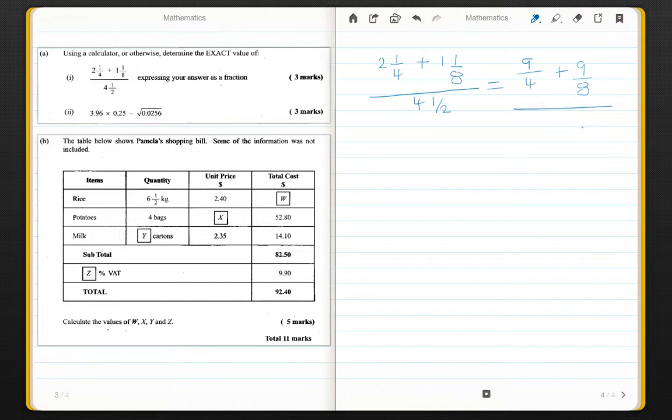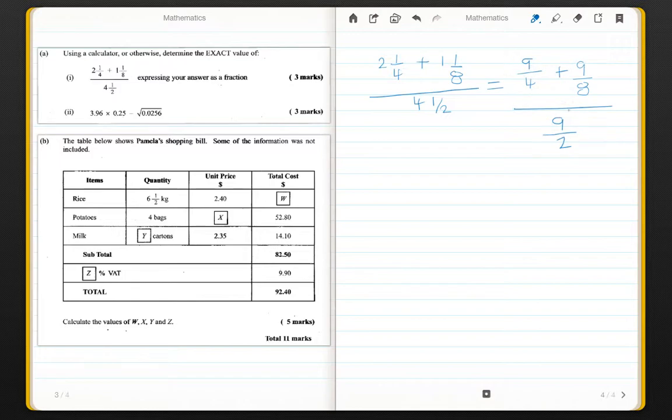And 4 times 2 is 8 plus 1, 9 over 2. So now we change all of them into the improper fraction form. It may be easier now for you to actually calculate the answer.